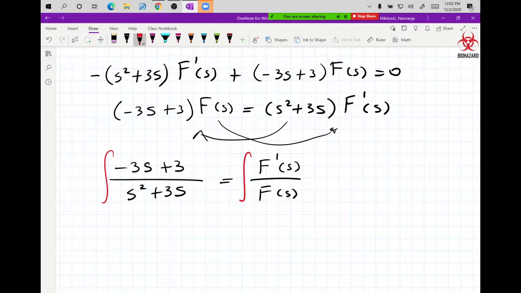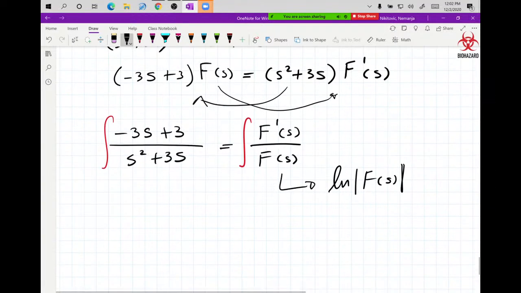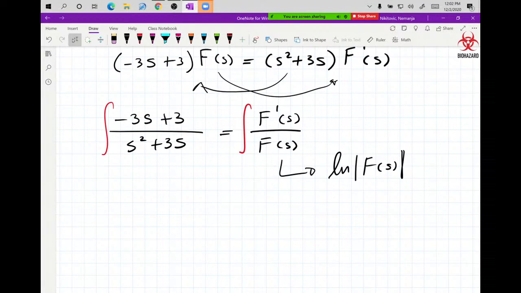So when you integrate here, this is definitely easy, because this is ln of f of s. That's the basic idea right there. That's the cheap part. And obviously integrating this one ds over here is going to be a problem because you have to do partial fraction decomposition again, but such is life.